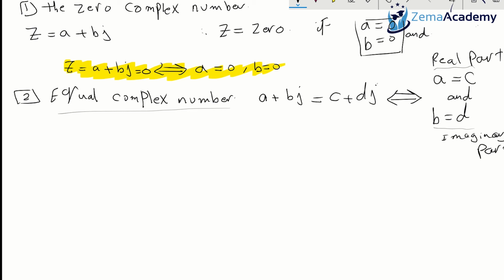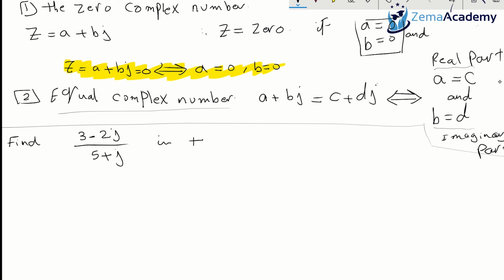Give an example. So before what we said, find (3 minus 2j) over (5 plus j) in the form a plus bj.